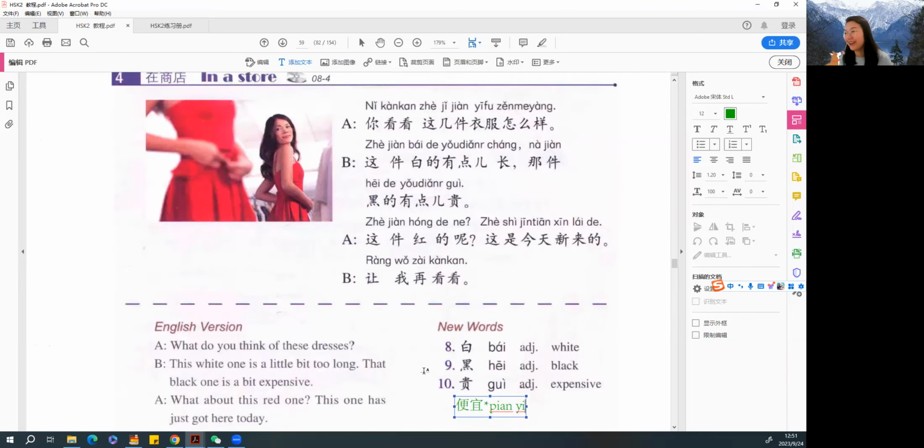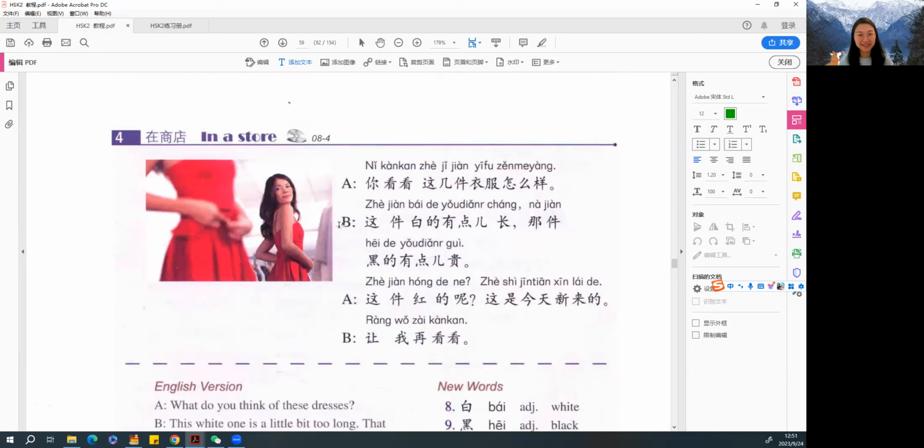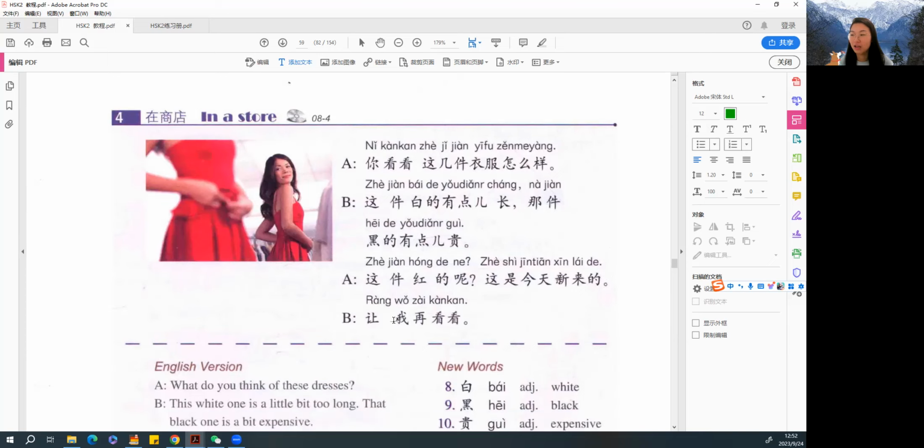All right. So let's take a look at the conversation here. 你看看这几件衣服怎么样？这件白的有点长，那件黑的有点贵，这件红的呢？这是今天新来的，让我再看看。Yes.